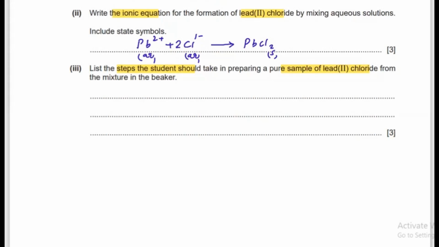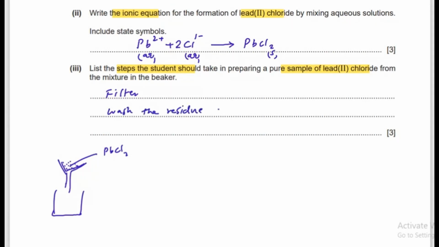If we filter it, here is the filter paper, and here we get the PbCl2. Then we get the filtrate in the lower beaker. The PbCl2 is here in the form of a residue. To remove traces of soluble salt, we should wash with distilled water. Then wash the precipitate, or wash the residue, with distilled water.